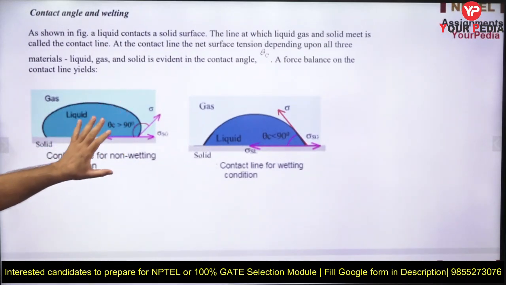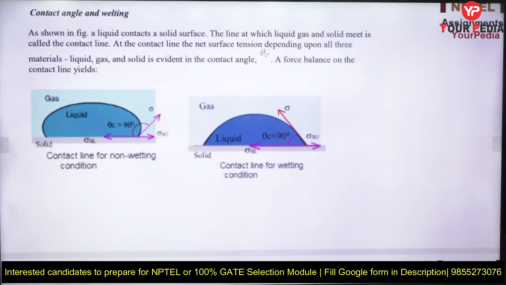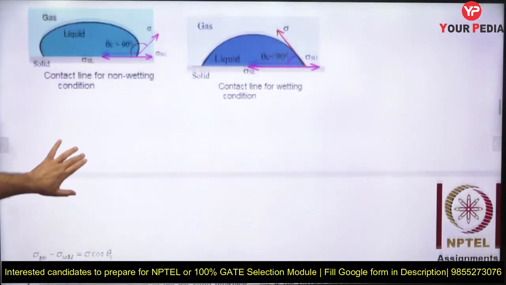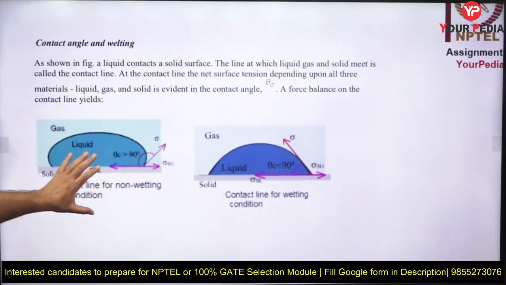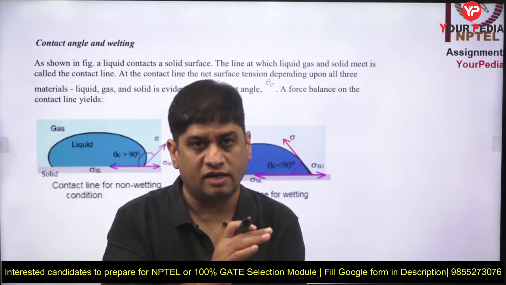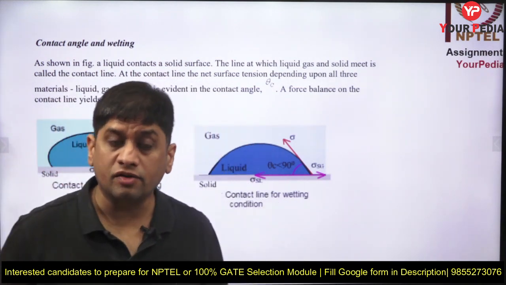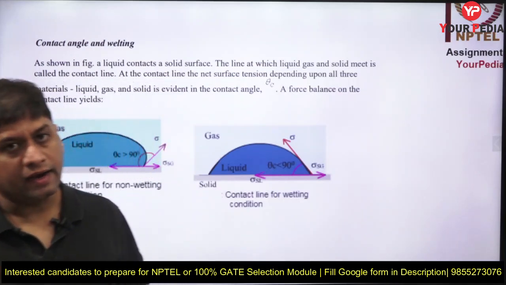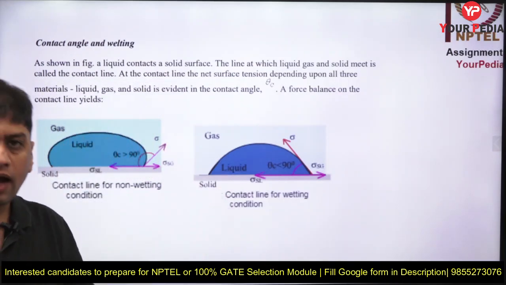Now wetting angle, contact angle and wetting angle, you should also know how it is to be done. What is the meaning of that? Contact angle is nothing but the angle between the tangent drawn at the interface of liquid and the surface.